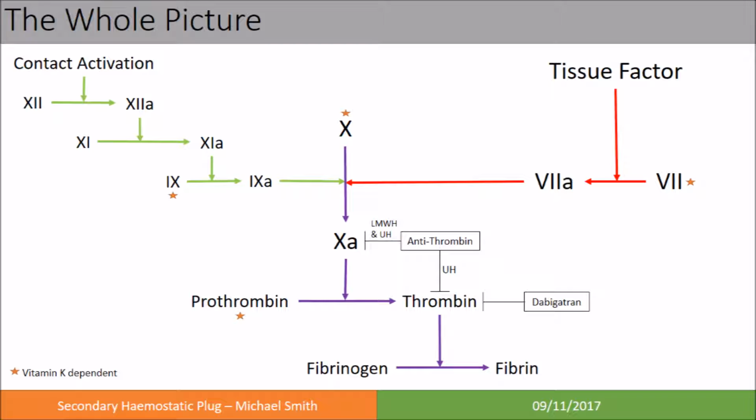And low molecular weight heparin causes the inhibition of factor 10A, and unfractionated heparin inhibits both factor 10A and inhibits thrombin. Finally, we have dabigatran, which is our direct thrombin inhibitor, and that prevents thrombin from converting fibrinogen to fibrin. And that is essentially the formation of your secondary haemostatic plug.